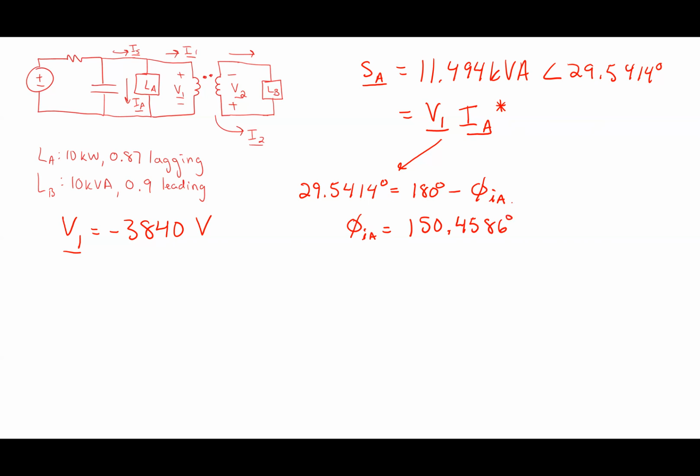Okay. Which also tells me that that current is going the opposite direction, which also should make some sense based on the argument that I had laid out before. So what else do I need to figure out? I need to figure out the magnitude. What's the magnitude of IA? How do I get the magnitude from this relationship?